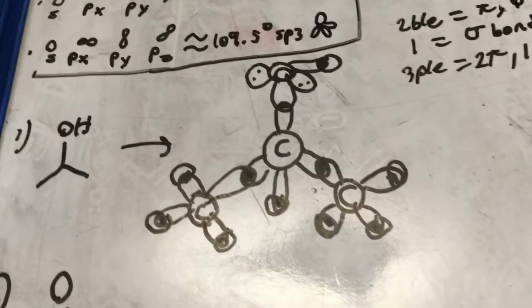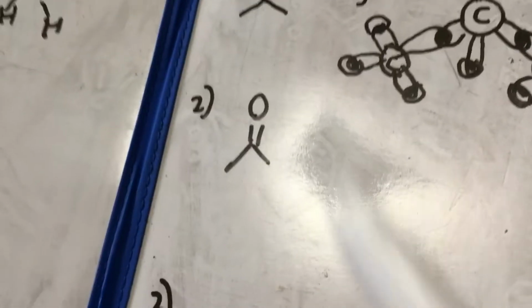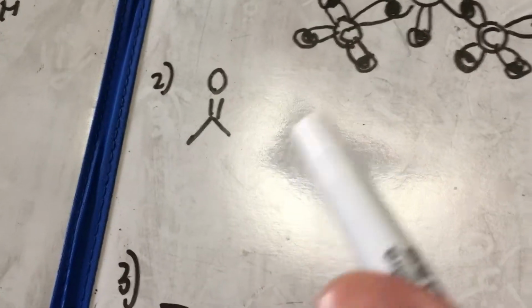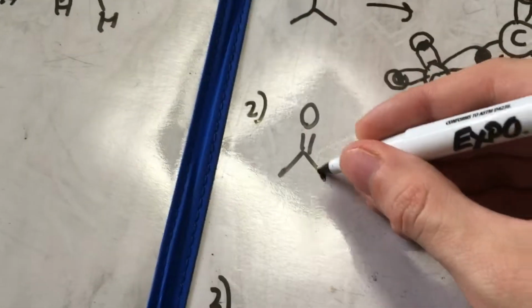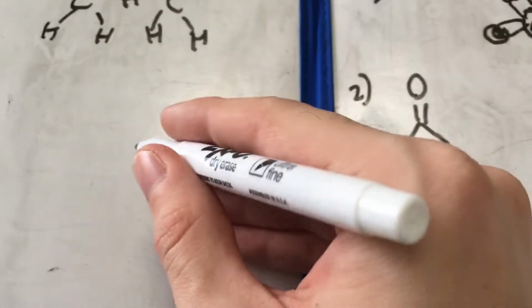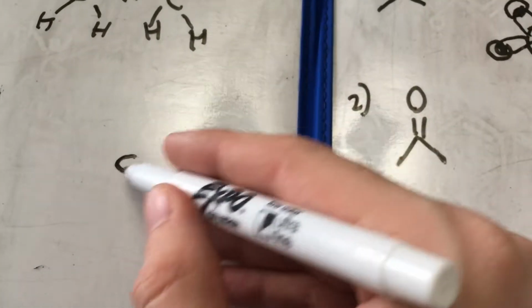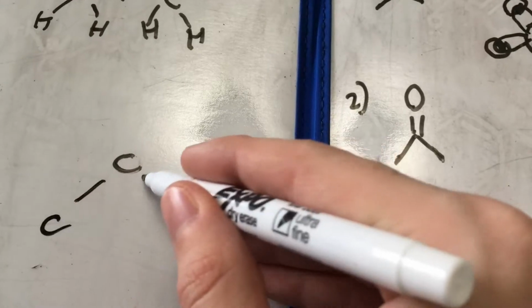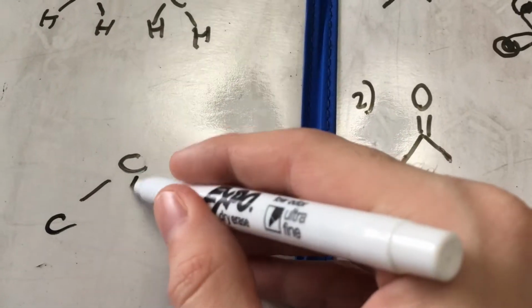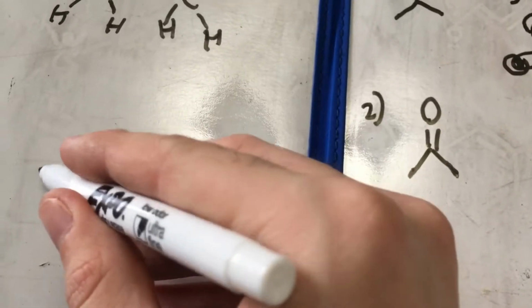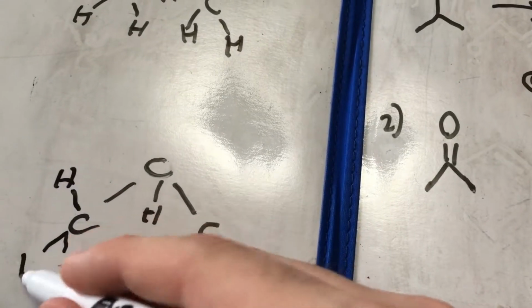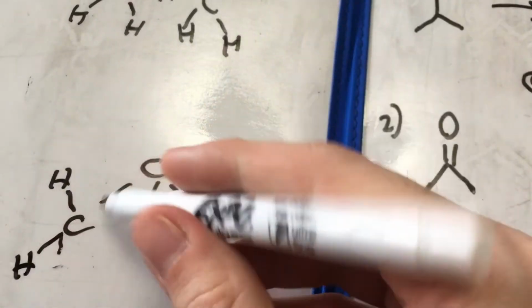So that's this one. Now our next one is, do you remember this functional group? It's a ketone. Our next one is this ketone. And we're going to do the same steps. We're going to draw everything out. We're going to draw all the hydrogens, every single hydrogen.